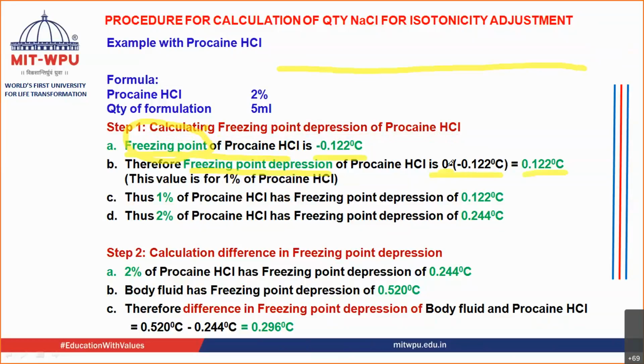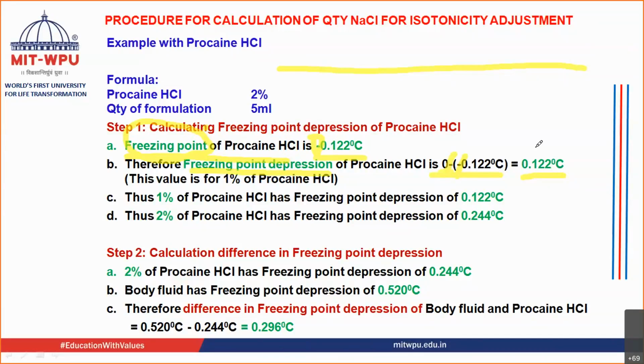The negative sign goes off. Remember this: the opposite sign of the freezing point is what you have to give for the freezing point depression. Usually the freezing point is negative. So you have to remember this.